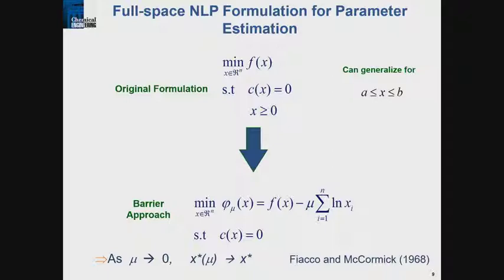It's in the book by Fiacco and McCormick, but actually goes back to the mid-50s: forming this barrier function, solving this problem instead of that problem for a fixed mu. If you solve a sequence of these problems as mu goes to 0, then the solution of this problem, under mild conditions, converges to the solution of the top problem. So that actually is well known, and it's a property that we use.